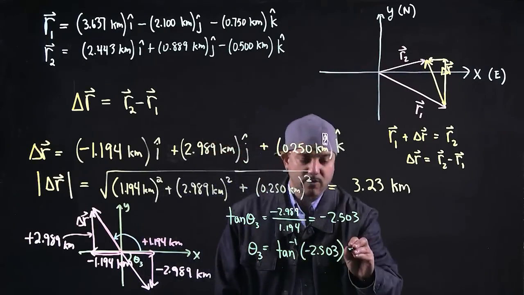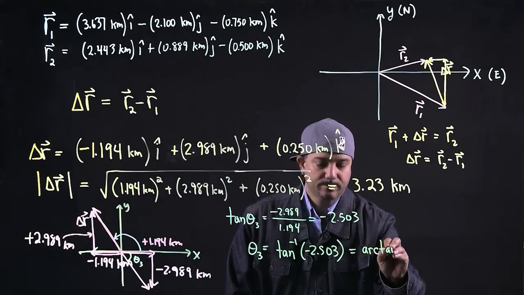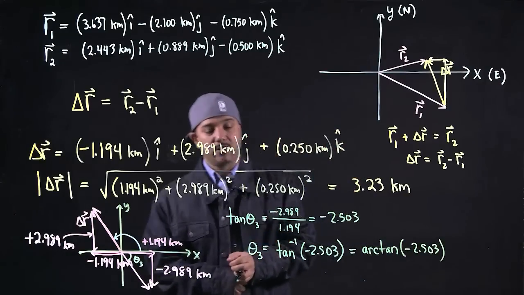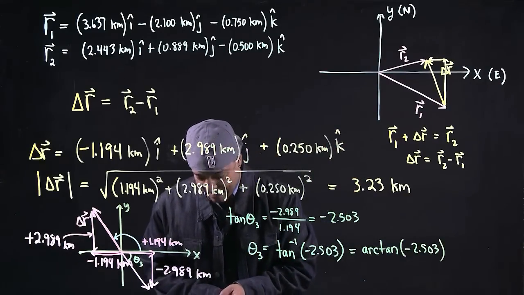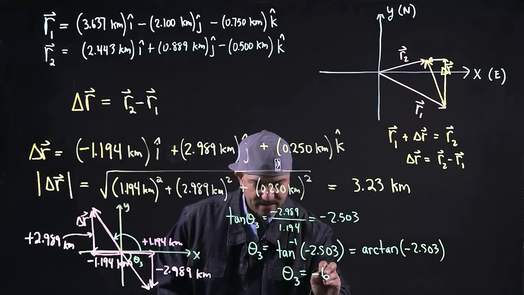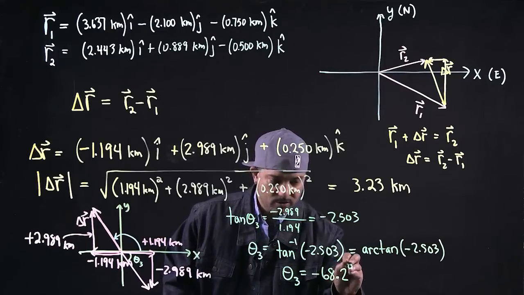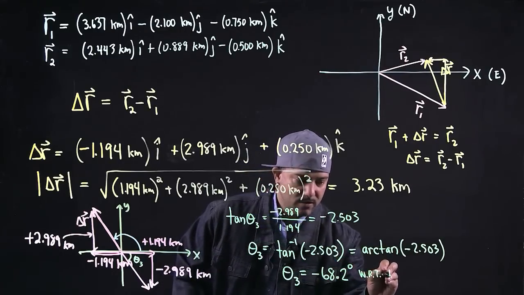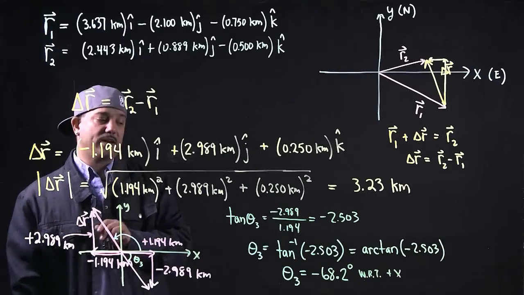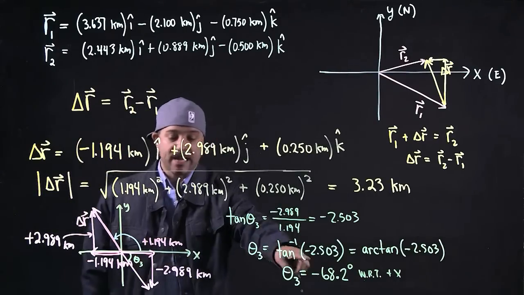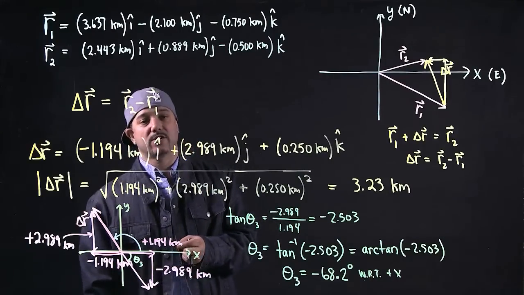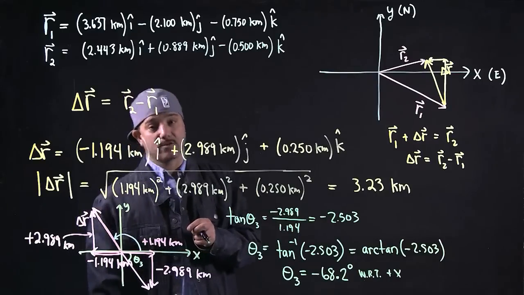This is also called arctangent. Now you can use your calculator to compute that angle, and we get theta 3 is negative 68.2 degrees with respect to the plus x-axis. So that's this angle right here. The minus sign means below the x-axis.